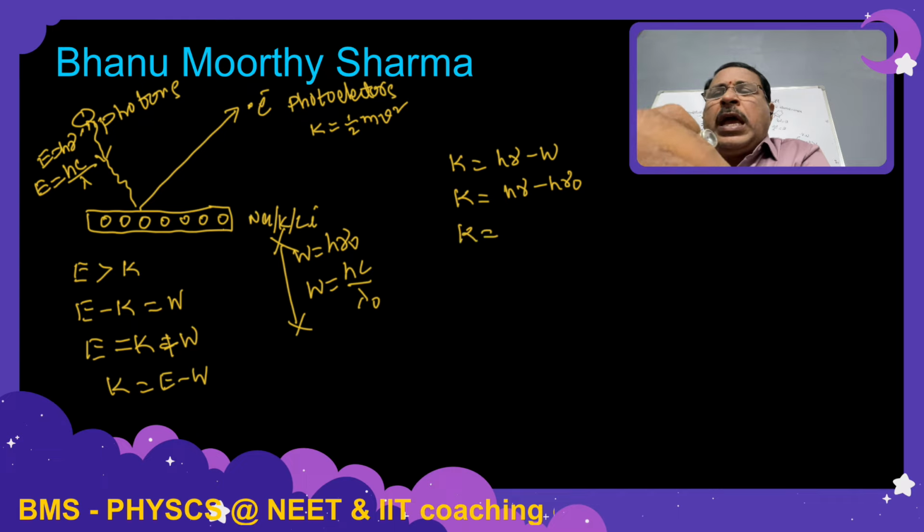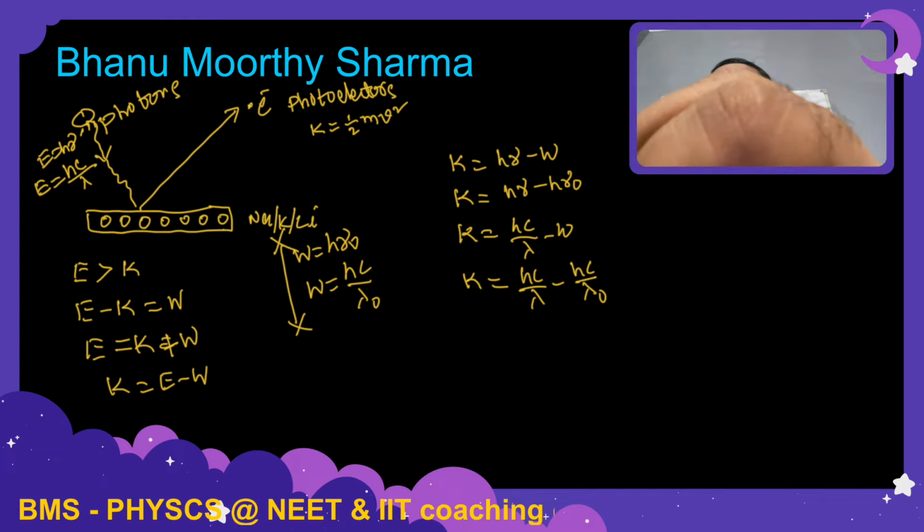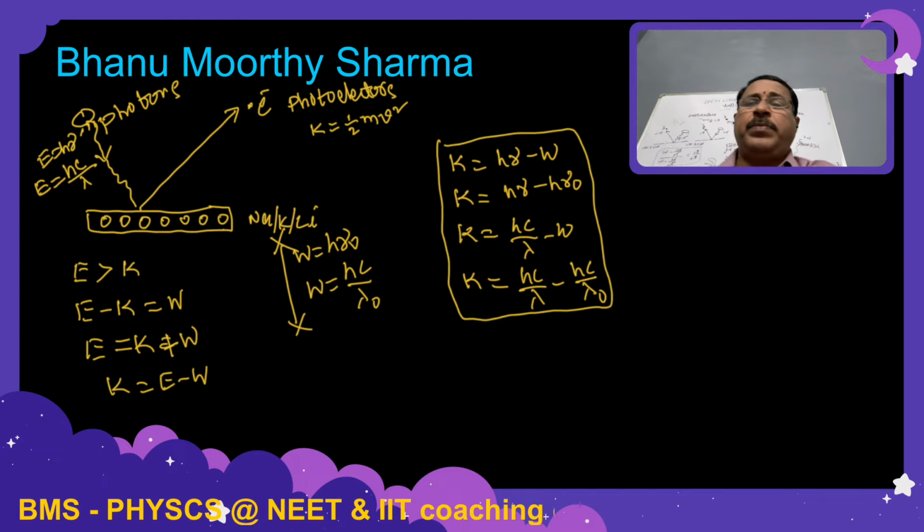The third formula: hc by lambda minus W, or writing the W formula, kinetic energy equals hc by lambda minus hc by lambda naught. These are the expressions for Einstein's photoelectric equation.